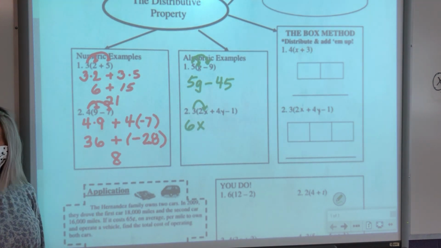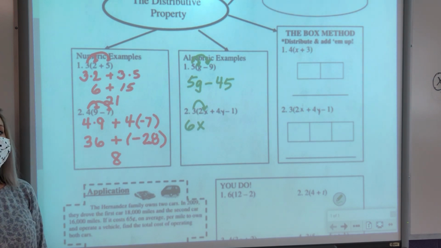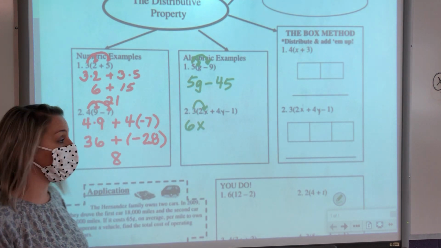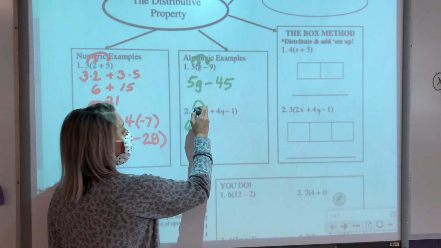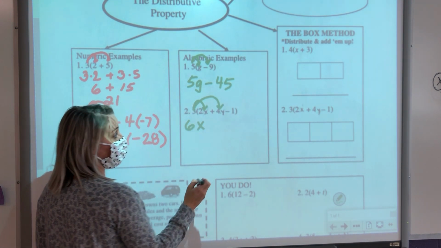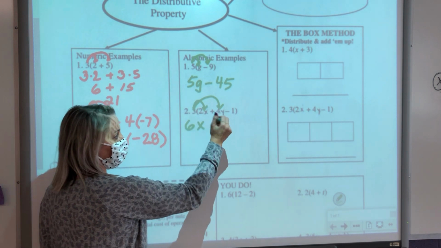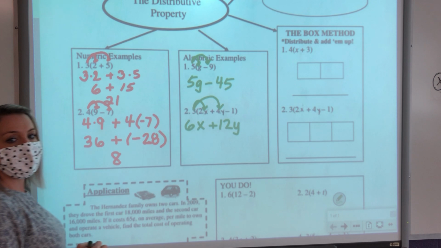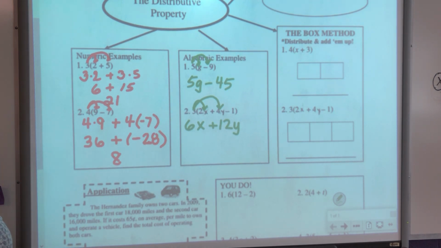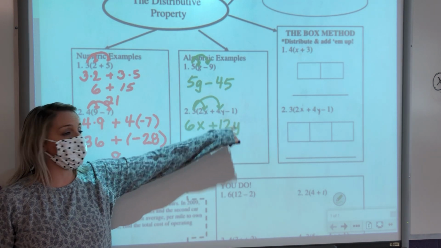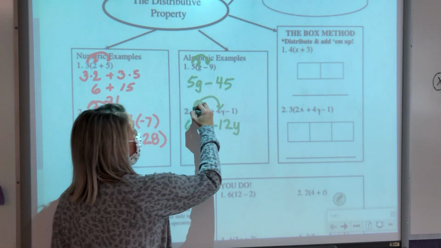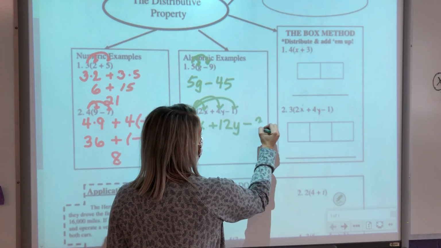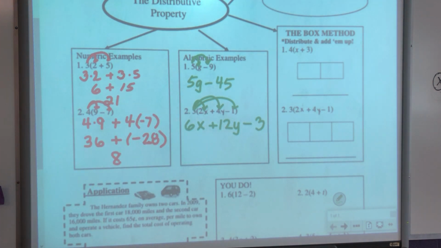Do I just distribute once? No, I have to distribute to everyone inside the parentheses. Caleb? 3 times 4y. Very good. So 3 times 4 is our 12, and then we have our y. Now we still have our constant term, so we have to distribute one more time. 3 times negative 1 is negative 3.